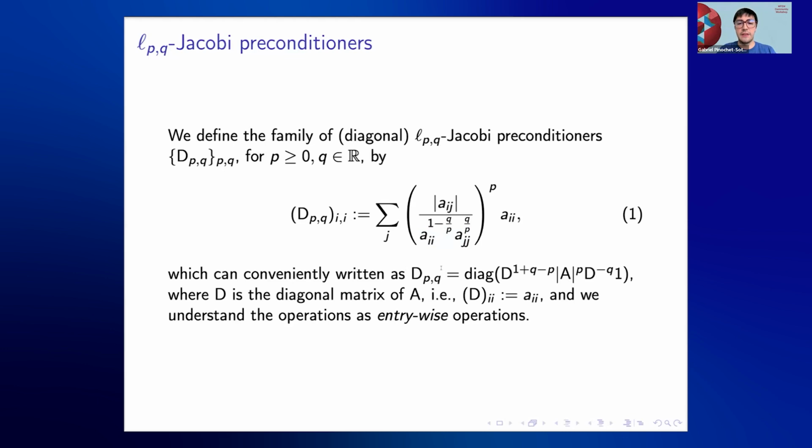This is again here in this summarized compact form, where the operations we're doing are given entry-wise. The absolute value of the matrix is taken entry-wise. The P and Q powers are being taken entry-wise.